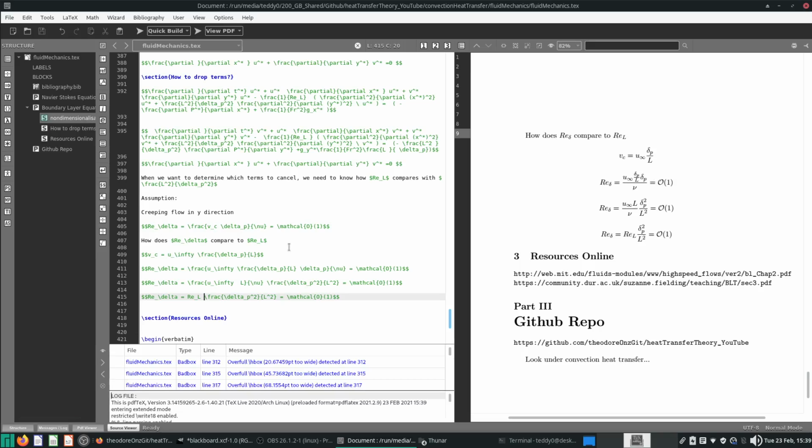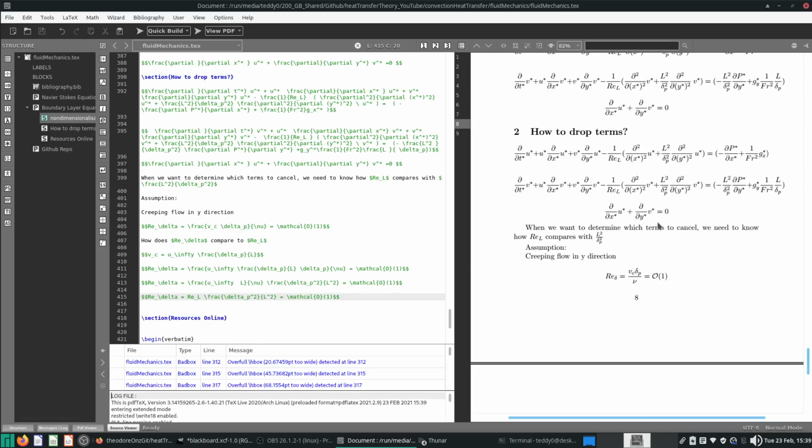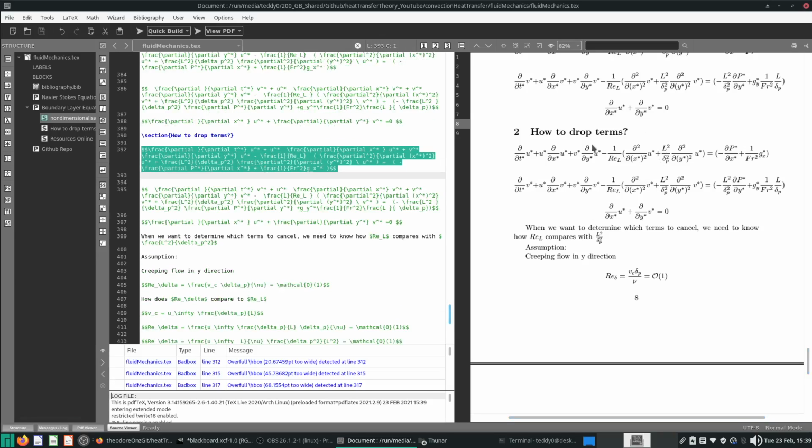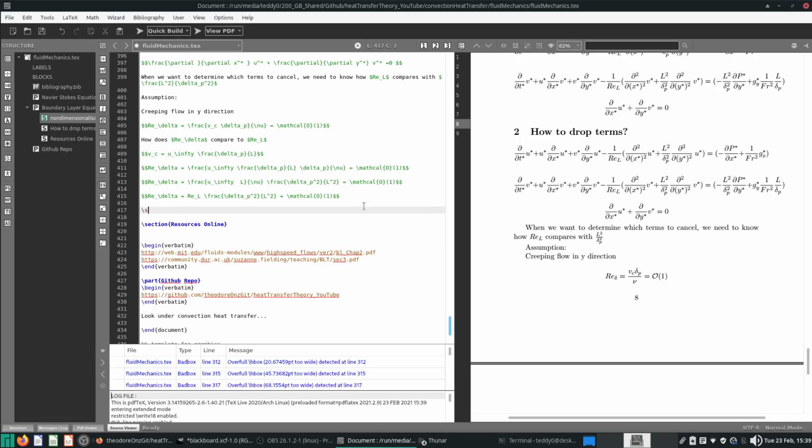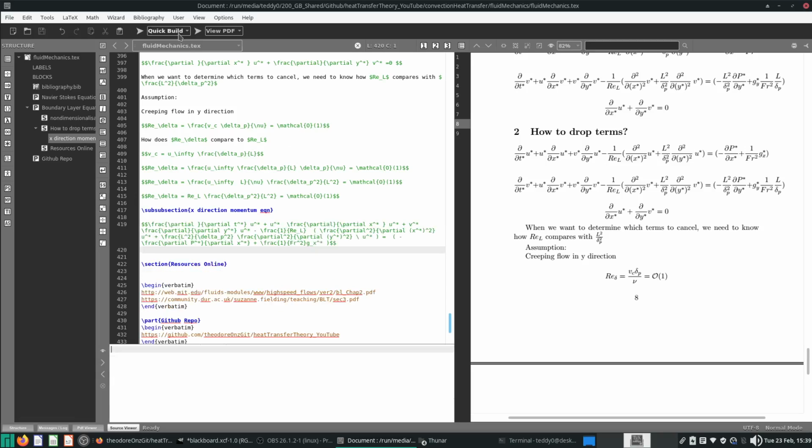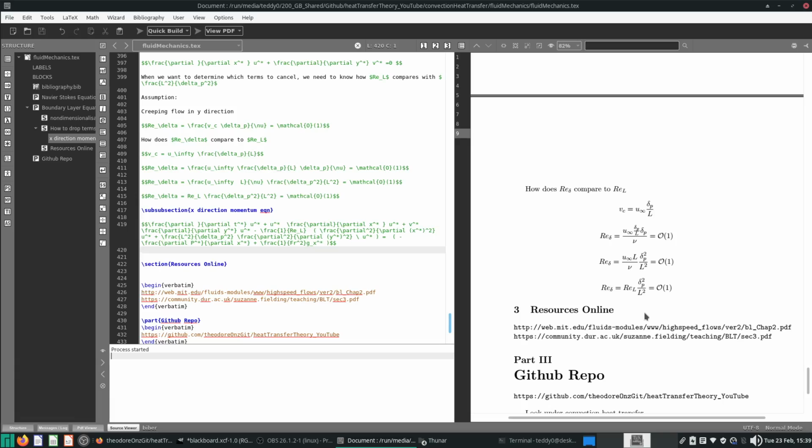Now this is very useful, right? Because now we see that REL and delta p over L squared, when you multiply these things together, are on the order of magnitude of 1. So this stuff sort of cancels out. Let's deal with the x direction momentum equation first, and let's use this new insight that we have gained from our assumption of creeping flow in the y direction.